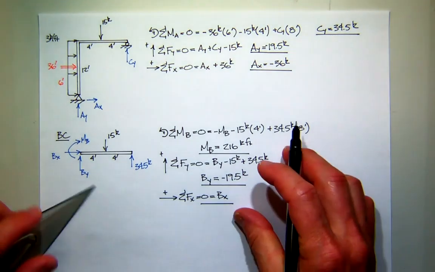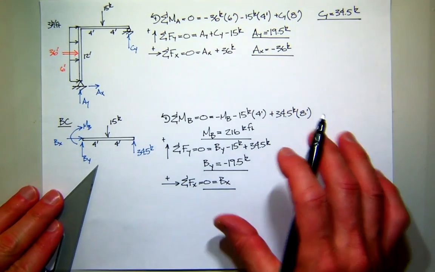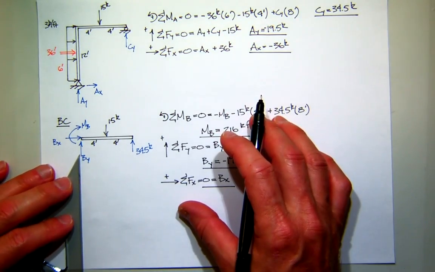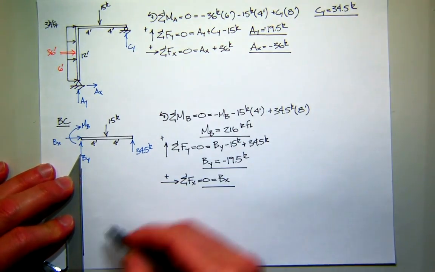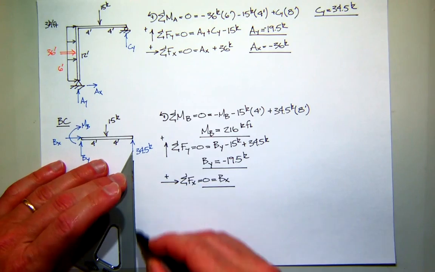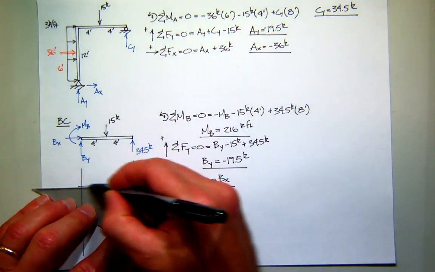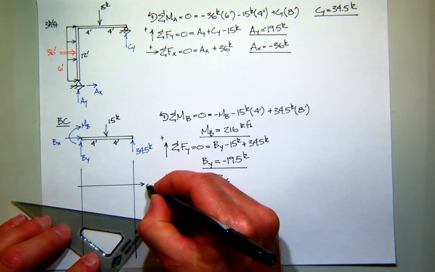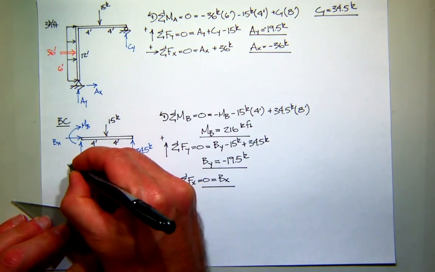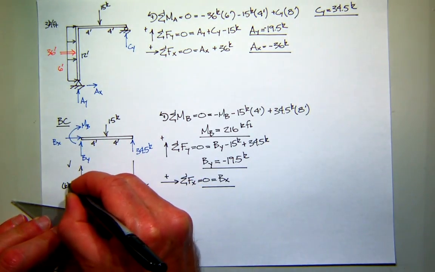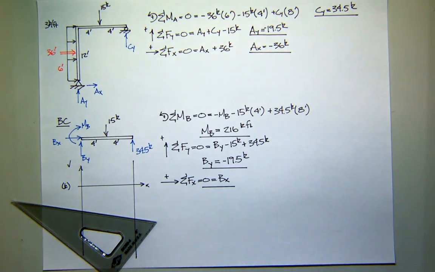So I'm going to cheat a little bit, and I'm going to squeeze in the shear force and bending moment diagram right here underneath this guy. It'll be kind of tight, but I think we can do it. So what's the shear start off with?